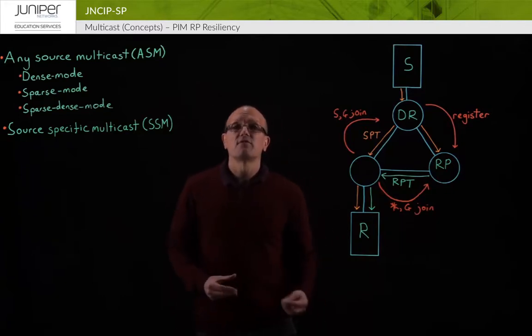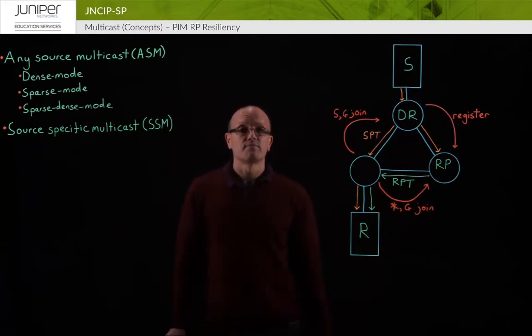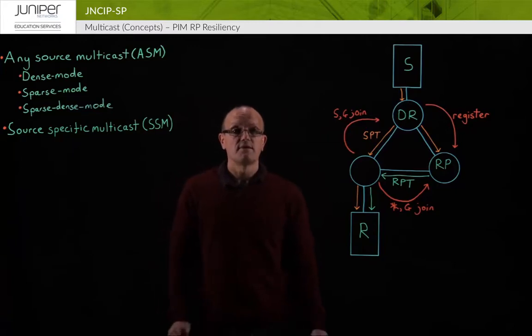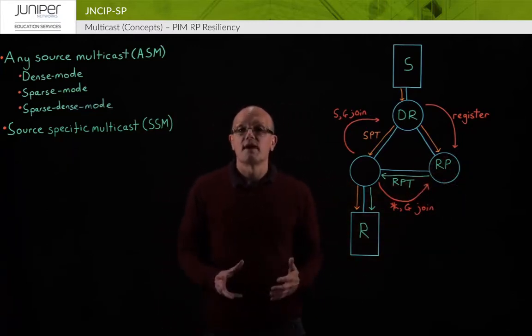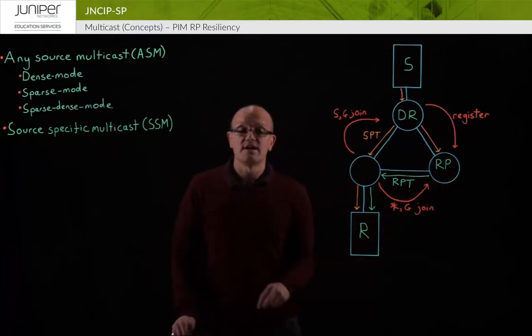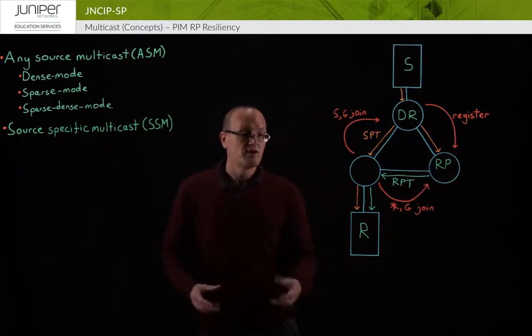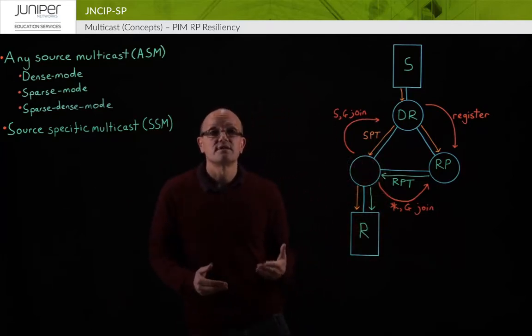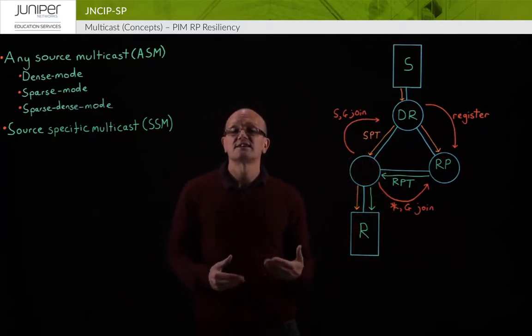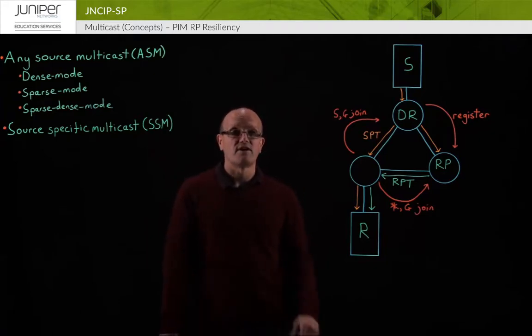And this technique warrants a little bit of further discussion. So with Anycast RP, what we do is configure multiple rendezvous points within the network with the same IP address. So devices connected to receivers route to this IP address. They have this IP address statically configured within their PIM configuration.